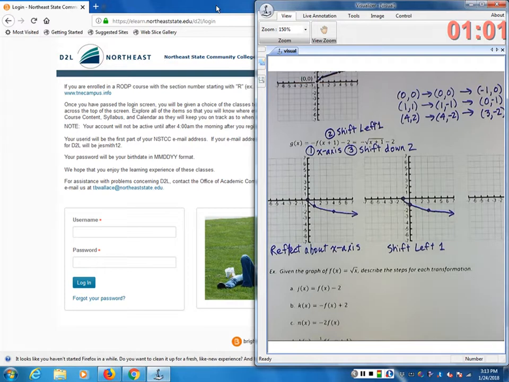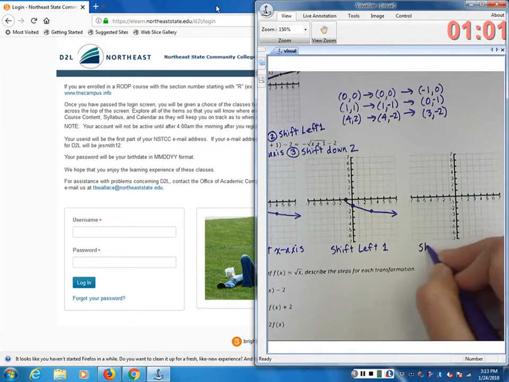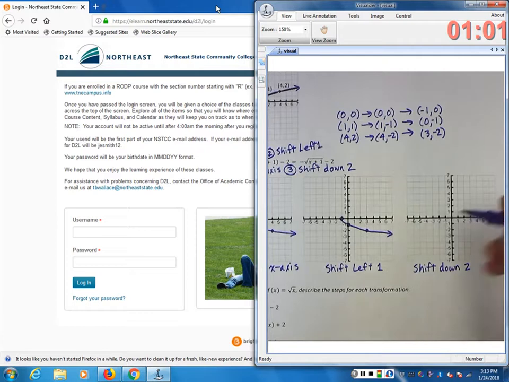And then shift down 2 would be subtracting 2 from each y coordinate.